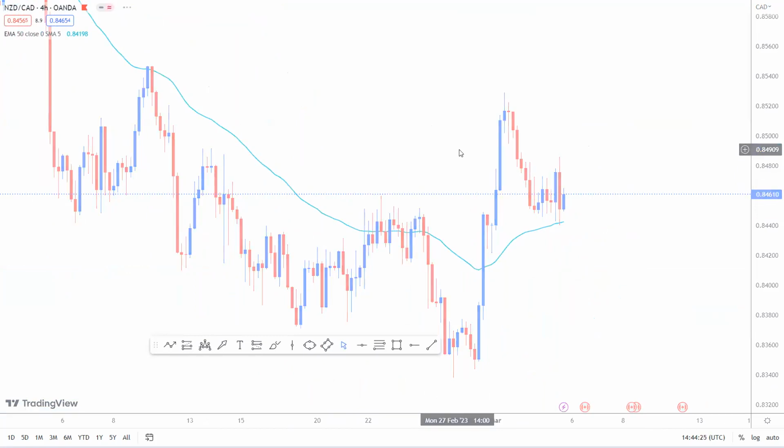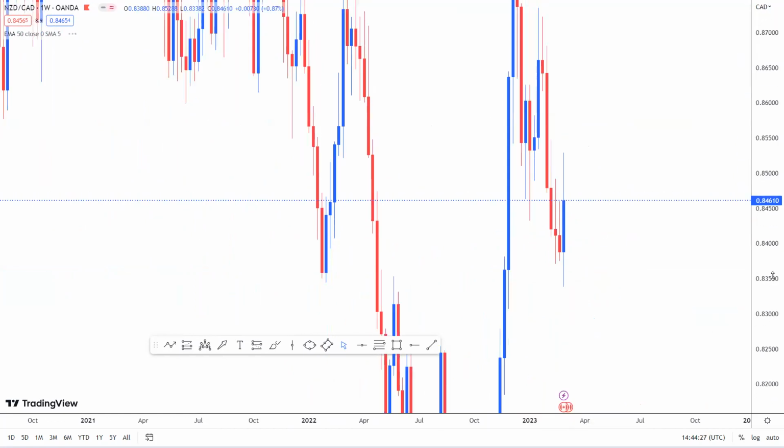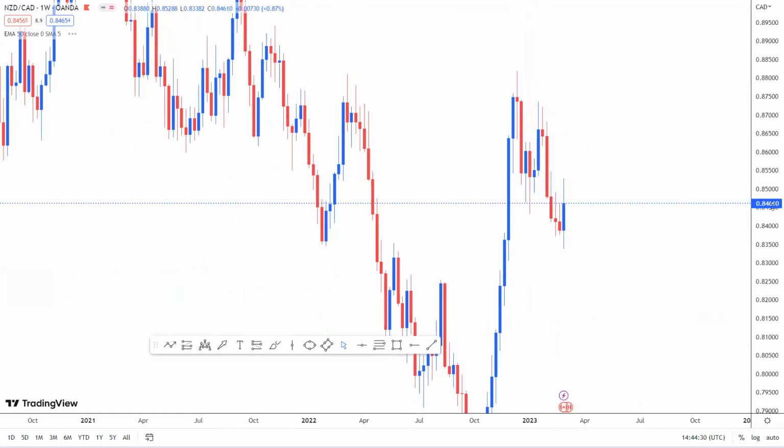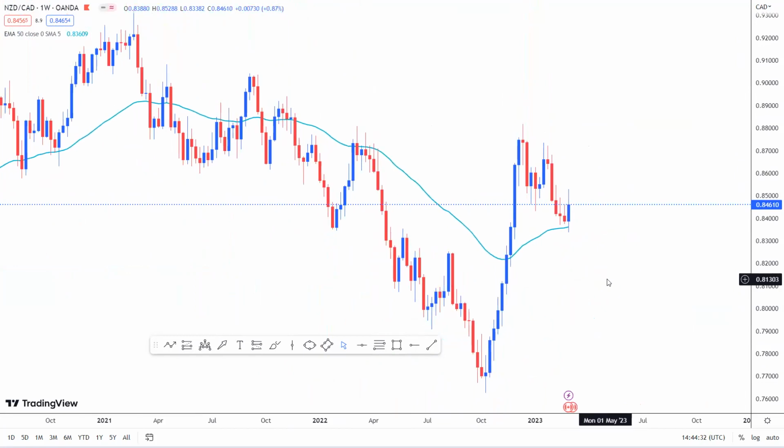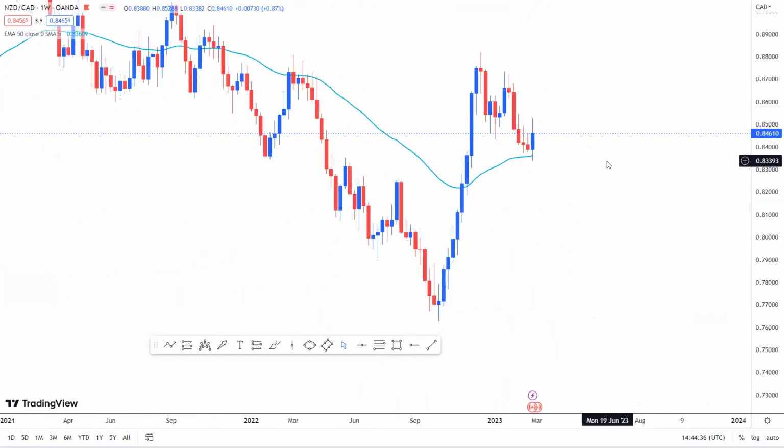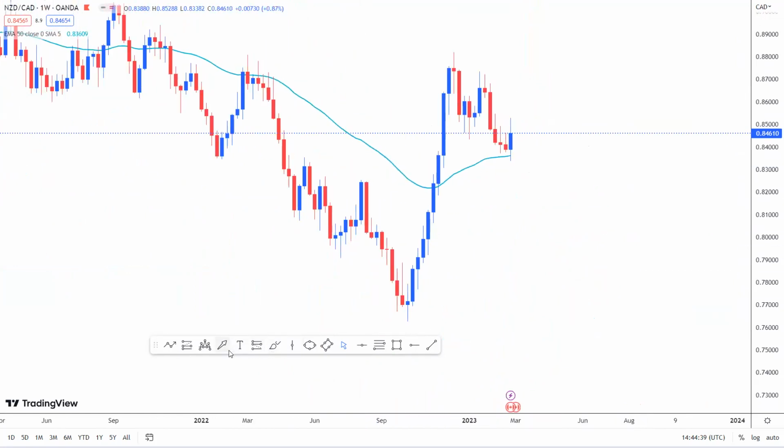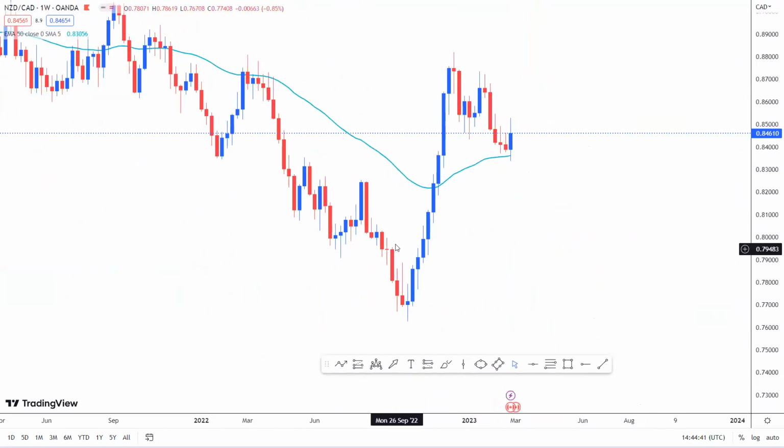Moving to the weekly time frame, guys. I don't know if you can see very clearly already. Just like we established from GBP CAD, we are very bullish from the weekly time frame perspective. Again, we have this level right here, being the previous swing high that led to this swing low.